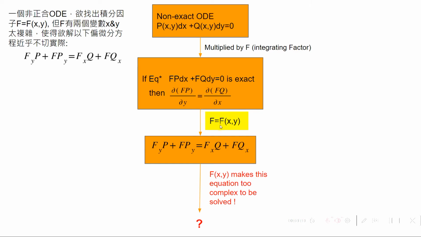And then we assume that, actually it's not an assumption, but generally speaking, f should be f of x and y.